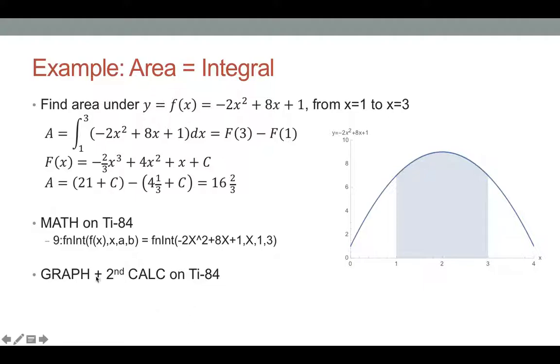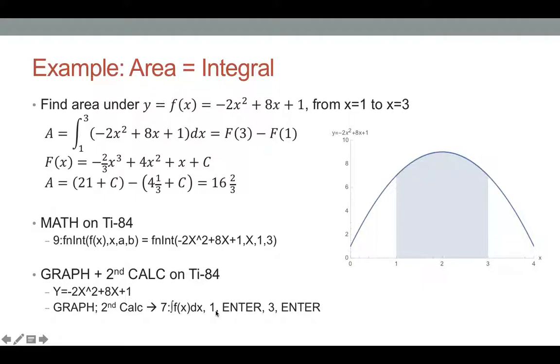Another way to do this, which is probably a little more straightforward, is you literally graph the function on your calculator, which means you enter y equals this function and graph it, making sure that your window goes something like from 0 to 4, so you have your limits displayed on your screen. Once you do that, hit second calc, and one of the options under that menu is, in fact, to find the area under the curve.